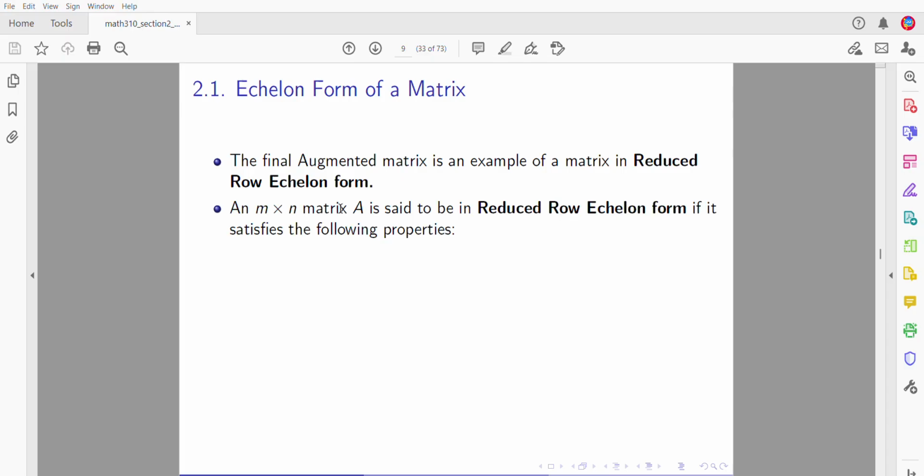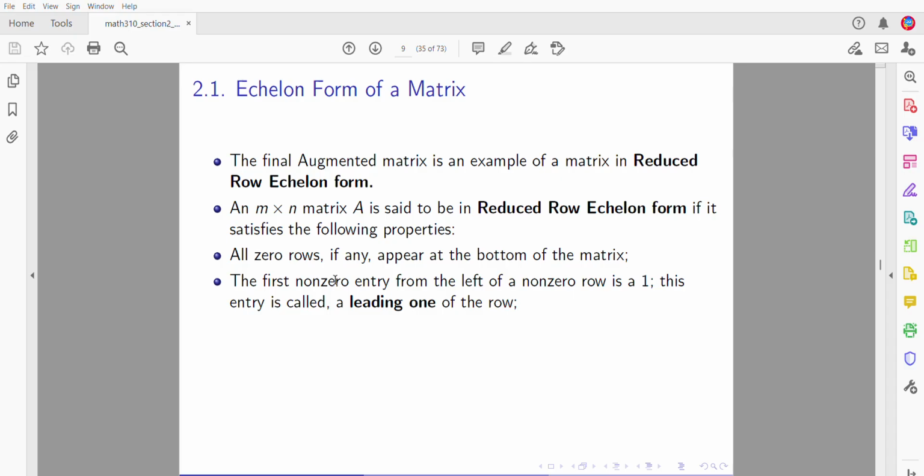An m by n matrix A is said to be in reduced row echelon form if it satisfies the following properties. All the zero rows, if any, are pushed to the bottom of the matrix.